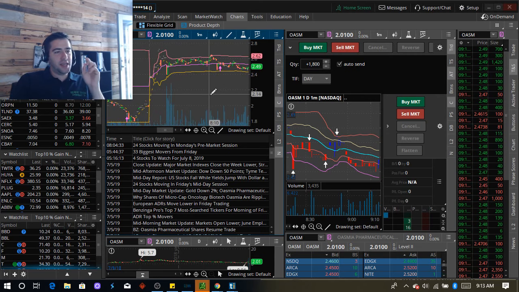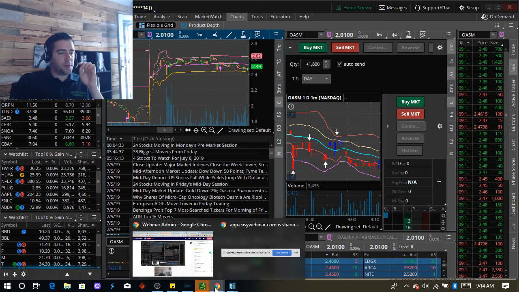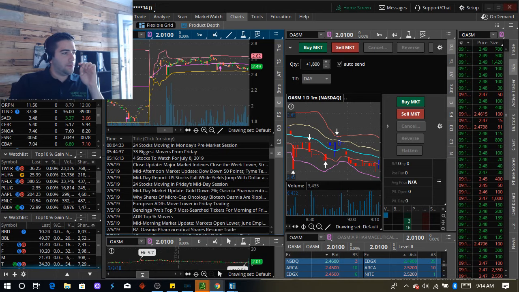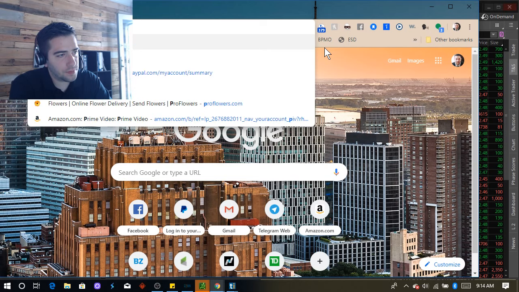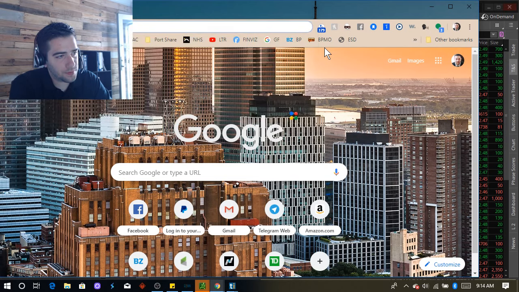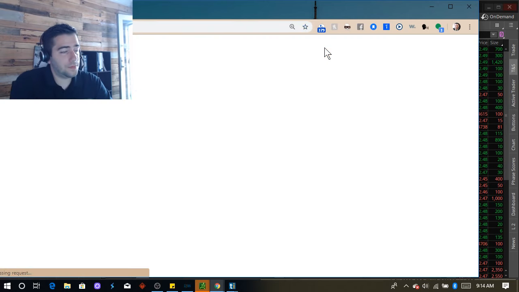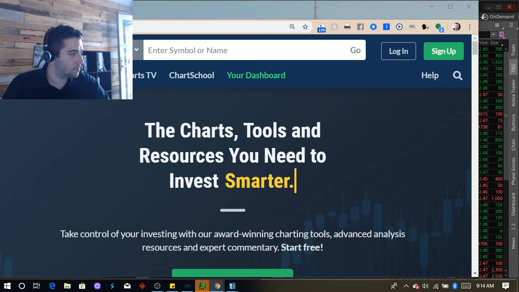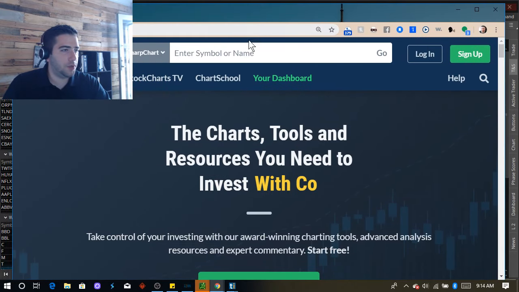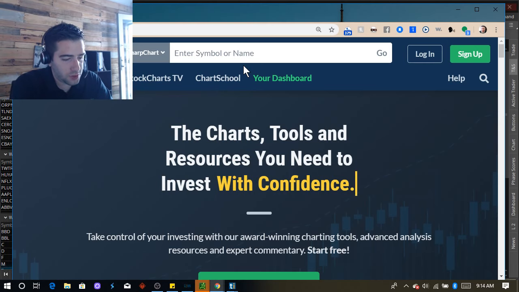I would like to take a quick look at the pivot points on this. So I'm going to pull up a pivot point chart. The one I like to use is stockcharts.com, of course.